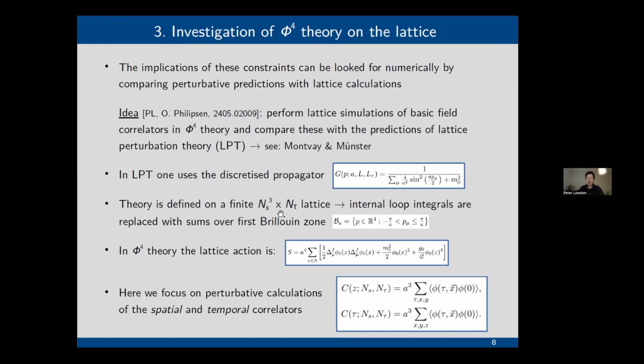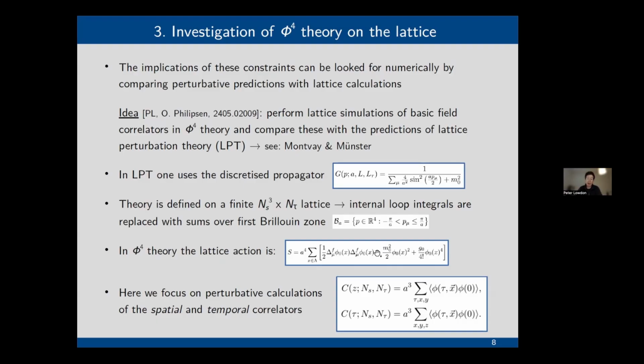And then, as in any lattice simulation, you simulate on a finite lattice, finite volume, finite temporal size, and then you specify your lattice action to define the dynamics in your theory. So the goal was basically to take lattice perturbation theory predictions, and the nice thing about doing lattice perturbation theory is that you can use exactly the same parameters as in the lattice simulation.